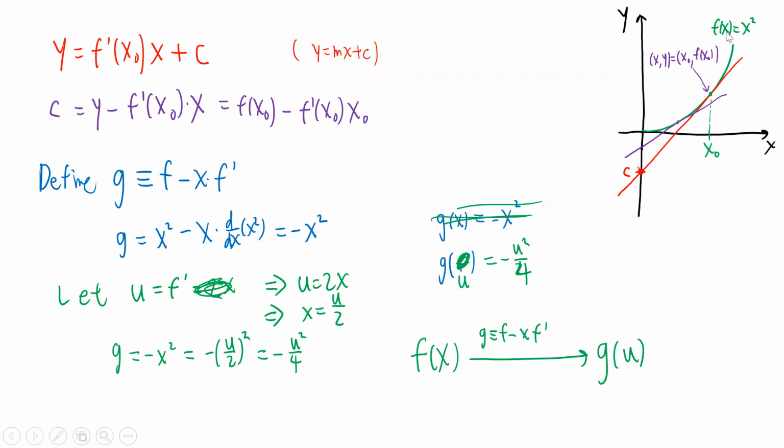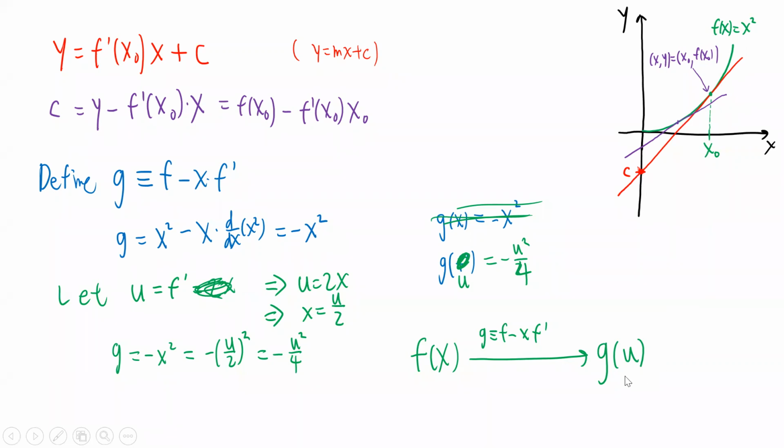Just pretend that you don't know f of x equals x squared. But what I'm telling you this time is that for any slope of the tangent, I tell you the value of the y-intercept c.